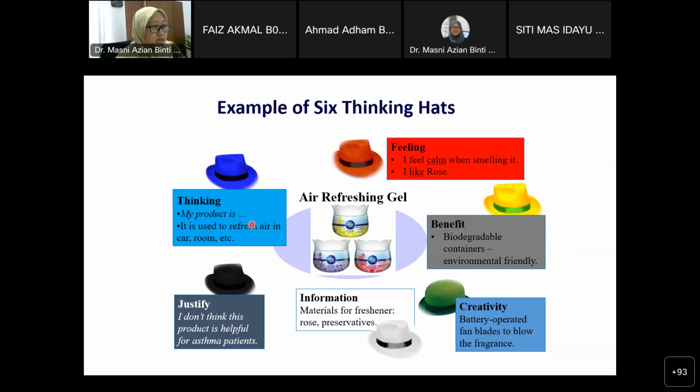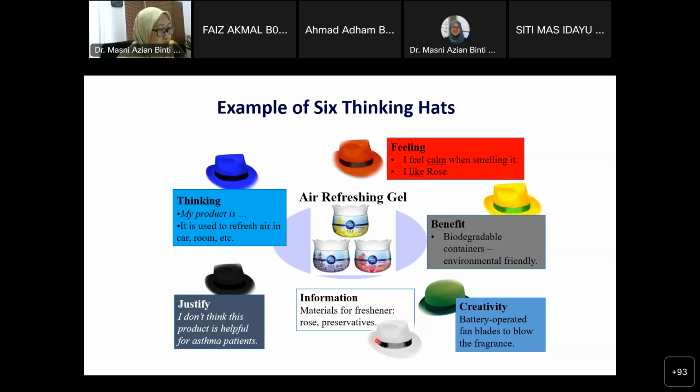The product is an air refreshing gel. What is it being used for? What's the purpose, the process of the product? Okay, kalau yang warna merah, dia kena think of the feeling only. Okay, so what's the feeling when they use this product? So I feel calm when smelling it. I like rose. Dia pakai feeling, dia tak pakai fakta ke apa.